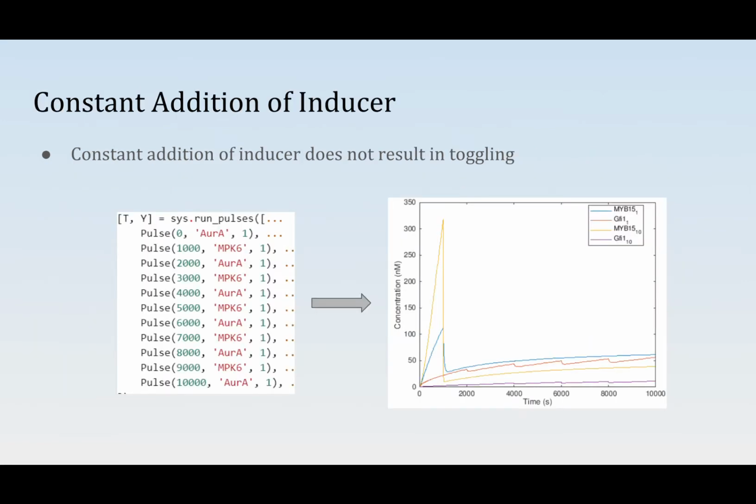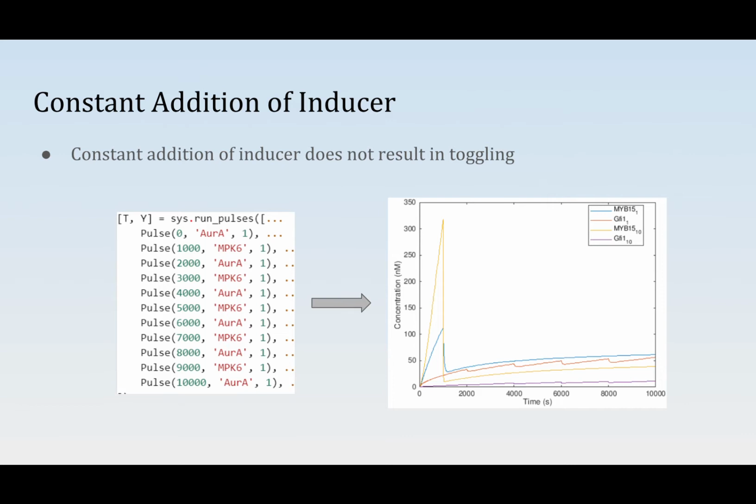The next thing we'll be taking a look at is how we should be adding the inducer to our system. As the MATLAB code shows here, at every 1,000 seconds, a constant amount of 1 nanomolar of alternating inducer is added. In the legend of the figure shown on the right, the repressors shown with a 1 represent a constant inducer addition of 1 nanomolar, and the 10 shows a constant inducer addition of 10 nanomolar.